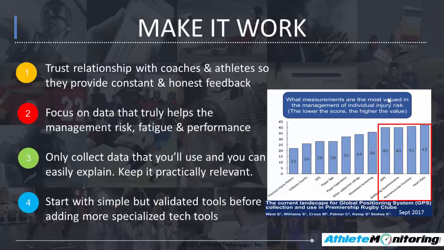And number 4, start with simple but validated tools before adding more specialized and, in particular, technological tools. On the graph here, that's a study that came out in September 2017 from England.